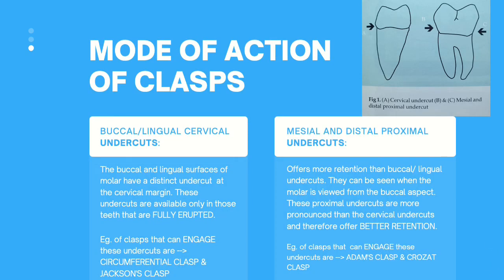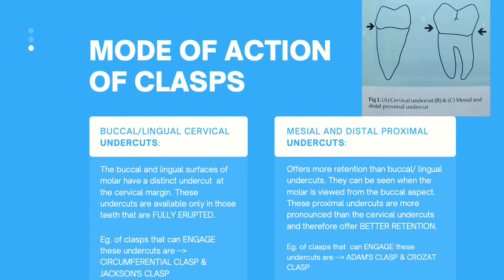How do clasps work? The clasps act by engaging certain constricted areas of the teeth that are called undercuts. When clasps are fabricated, the wire is made to engage this undercut so that displacement is prevented. There are two types of undercuts found in natural dentition.